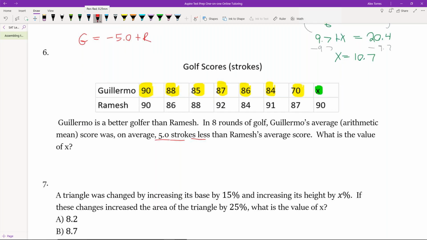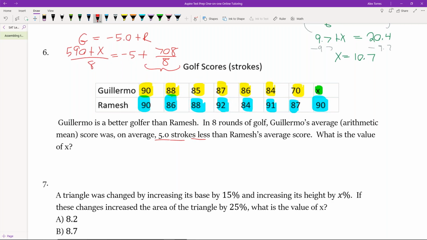So Guillermo's comes out to 590 plus x. So the yellow ones are 590 and the green one is x, divided by 8 equals -5 plus, and when we add up all these blue guys here, we get 708. 708 divided by 8. So that part there comes out to 88.5.